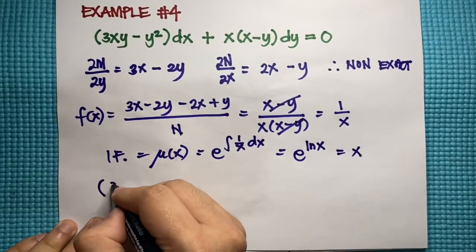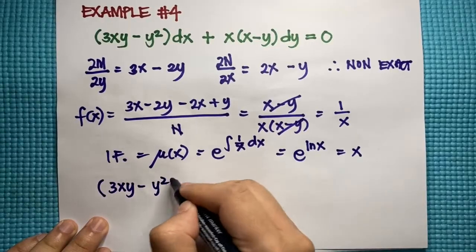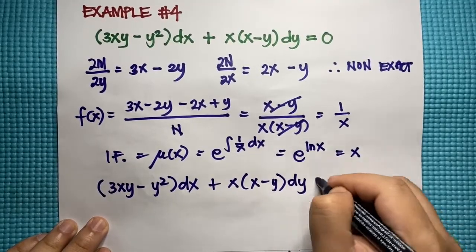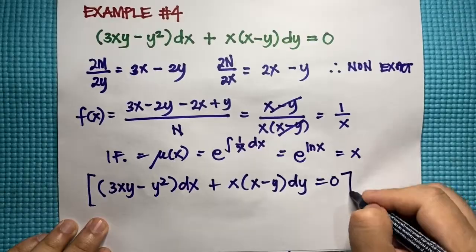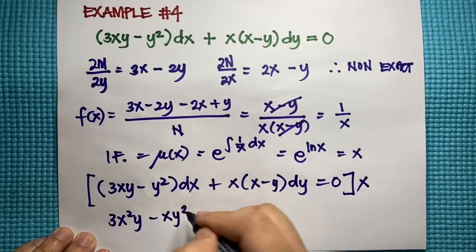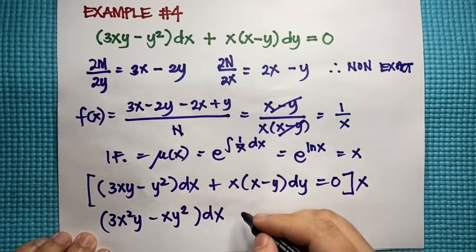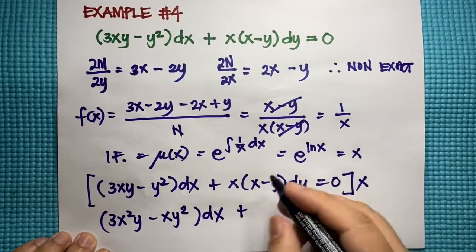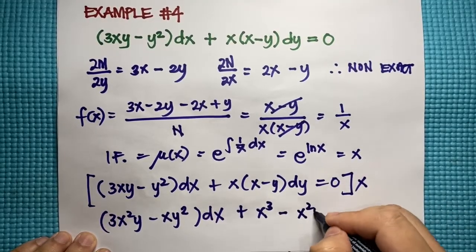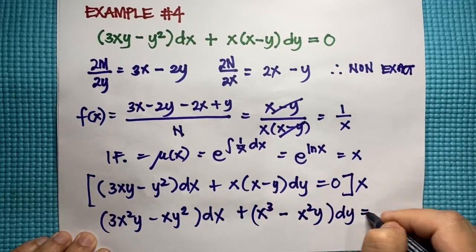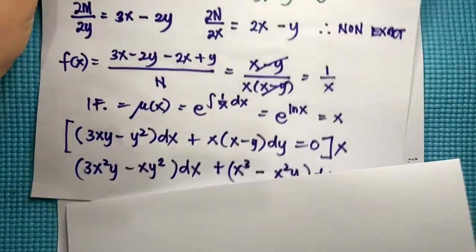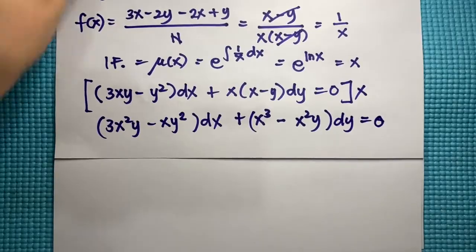Multiplying our original equation (3xy minus y squared) dx plus x times (x minus y) dy equals 0 by x, we get (3x squared y minus xy squared) dx plus (x cubed minus x squared y) dy equals 0. Let's verify whether it is exact this time.